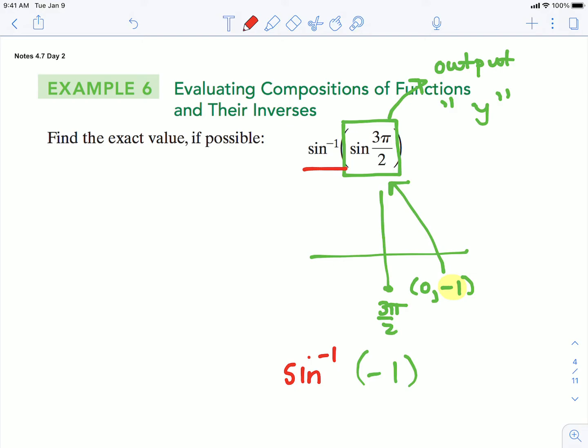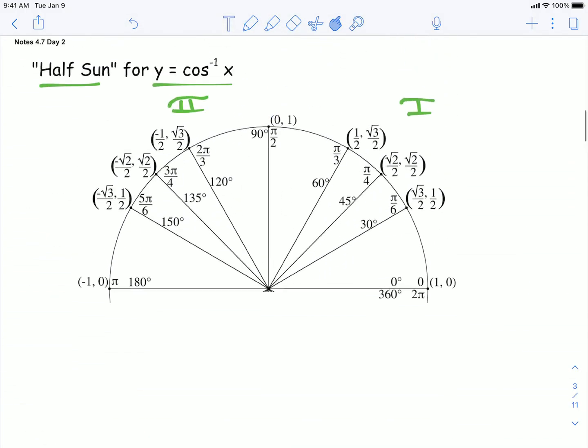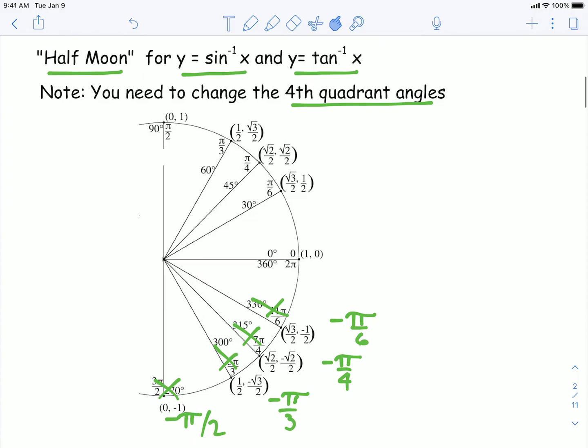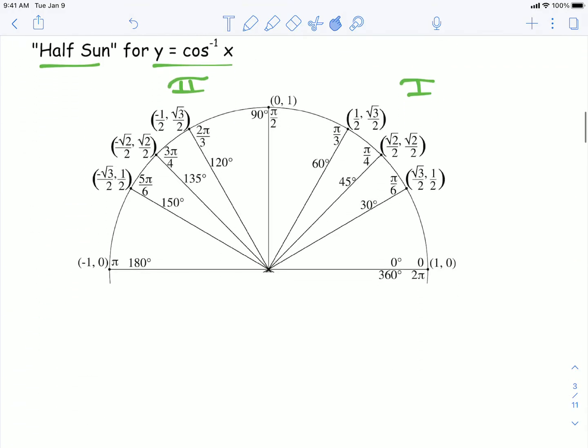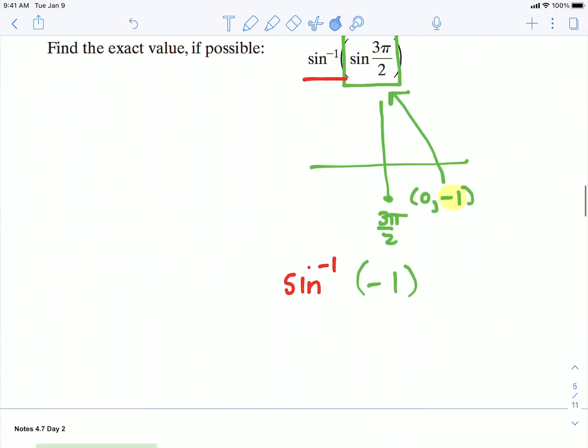Now sine inverses are looking for the angle measure. So we're looking for the angle measure in these two quadrants. So we look at our unit circle again, and we're looking for the y. Where do you see the y negative 1?